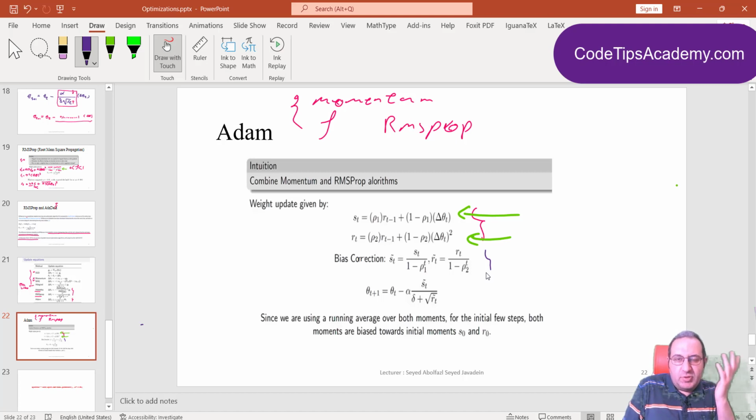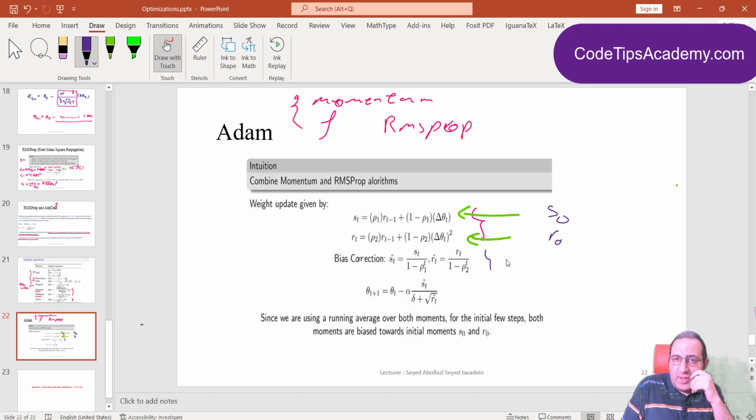At the first steps, for example, we create S0 and R0. This R0 is from RMSProp, and this is from Nesterov momentum.